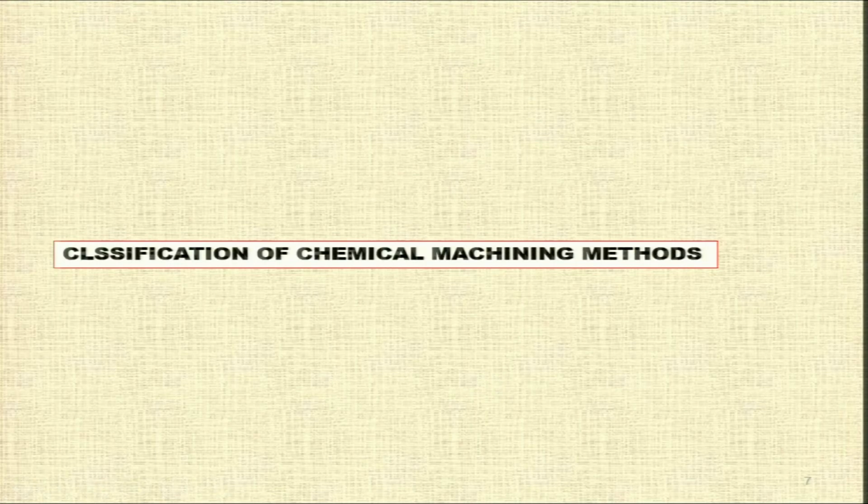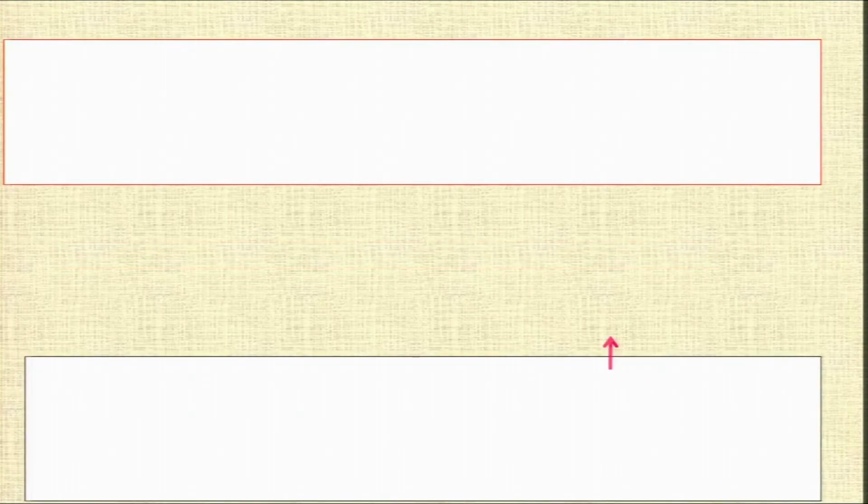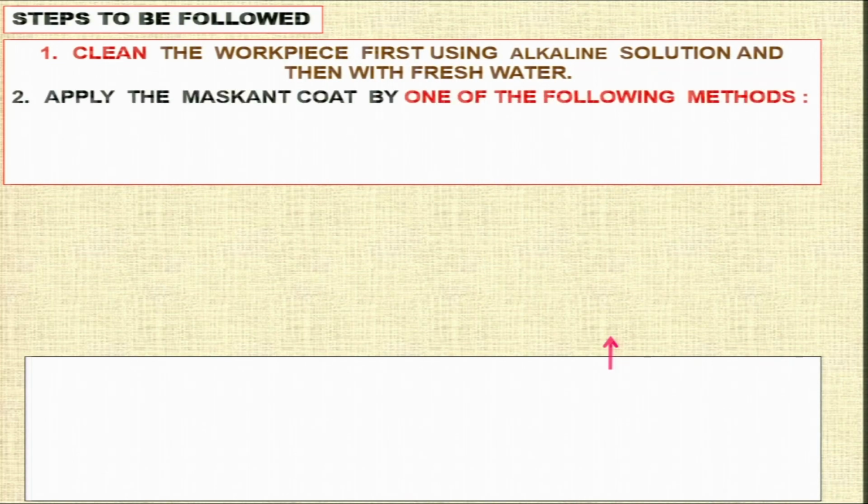Classification of chemical machining methods. Steps to be followed before going to classification. Clean the workpiece first using alkaline solution and then with fresh water.